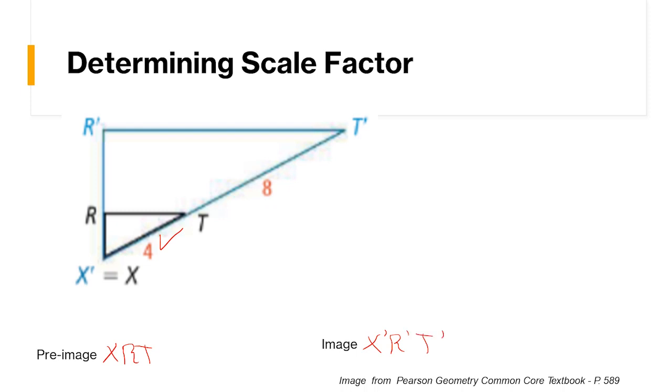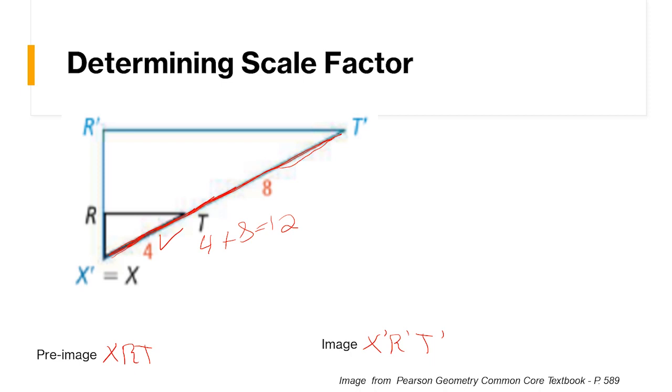We want to do the same thing, write a ratio with the length of the image in the numerator. Looking right here, these are my corresponding sides. The length of that larger triangle, the blue triangle, which is our image, is 12 because 4 plus 8 equals 12.